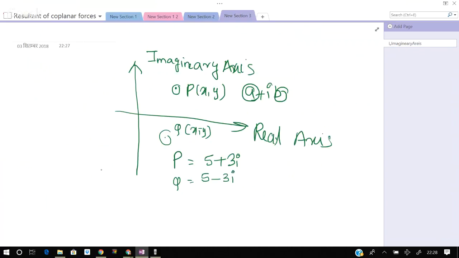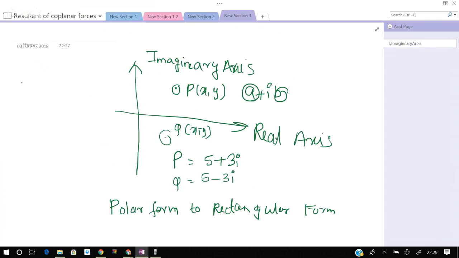So we can convert this complex variable from polar form to rectangular form. Now, how to convert a variable from polar form to rectangular form? For that, we need to know a few basics of the equation of a circle.